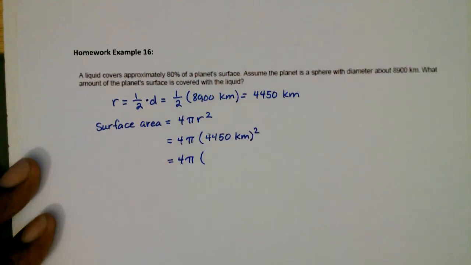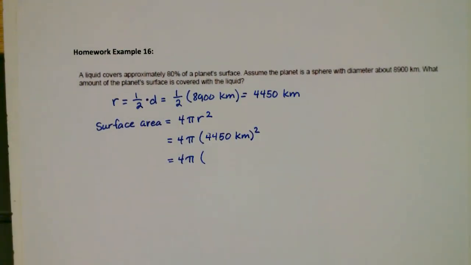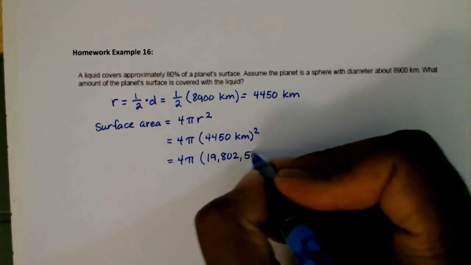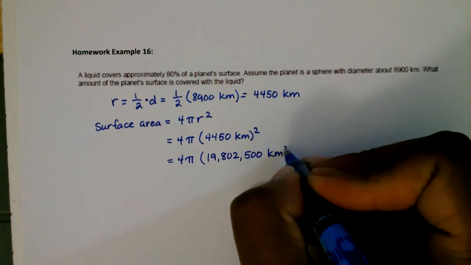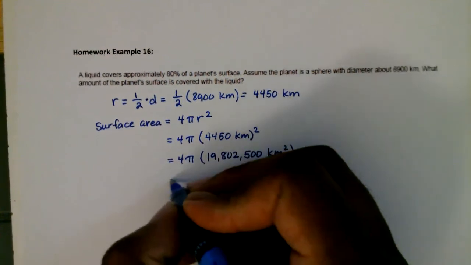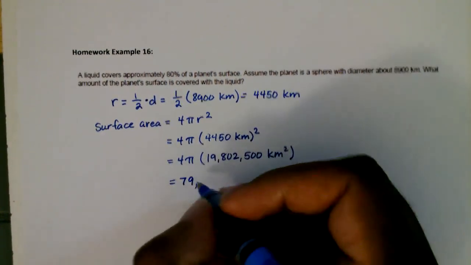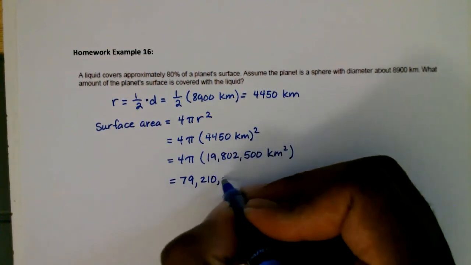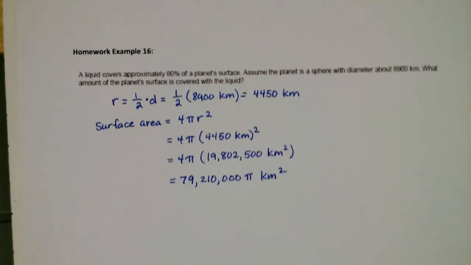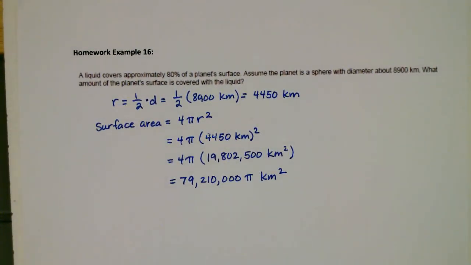So if I square that 4,450, I would get 19,802,500. And that's in square kilometers. Then I'll multiply that by 4 pi, and I will get 79,210,000, bring over the pi, and that's square kilometers. That would be the surface area of that planet.